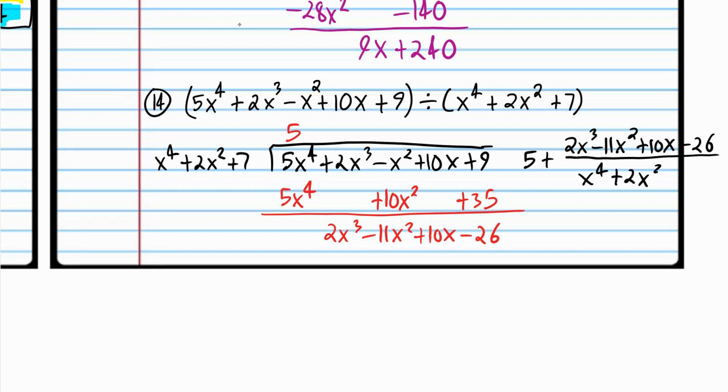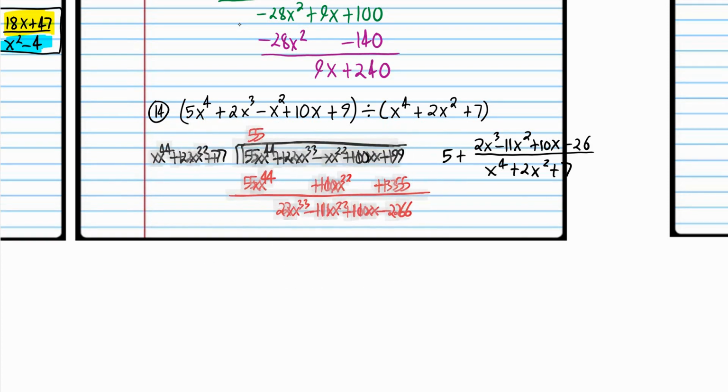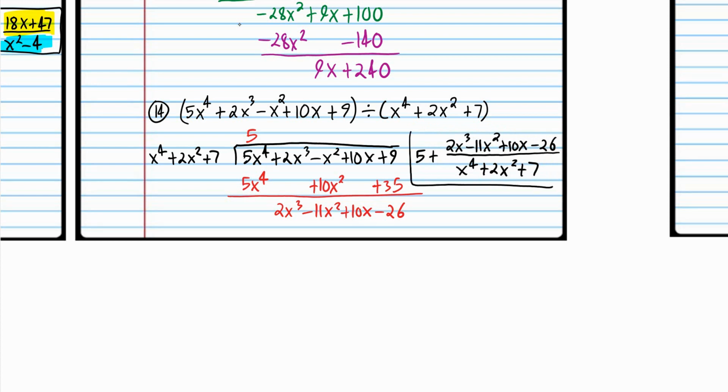It's always going to be the remainder divided by the divisor. So let me make some more room here. So there we go. So if you got that answer, excellent.